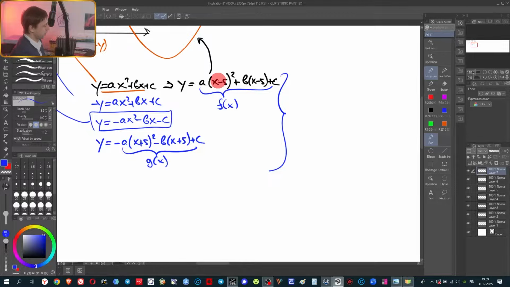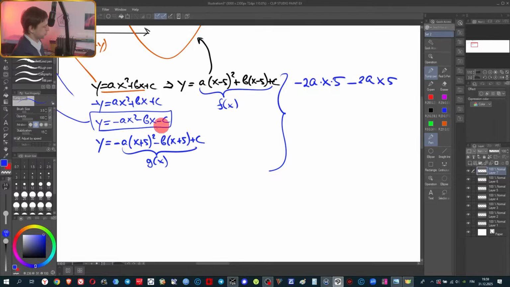So ax squared here, and here we will have minus ax squared, so it will cancel out. For these two, the only thing that will not cancel out is the double product. Here the double product will be minus 2 times a times x times 5, and here the double product will be, again, minus 2 times a times x times 5.